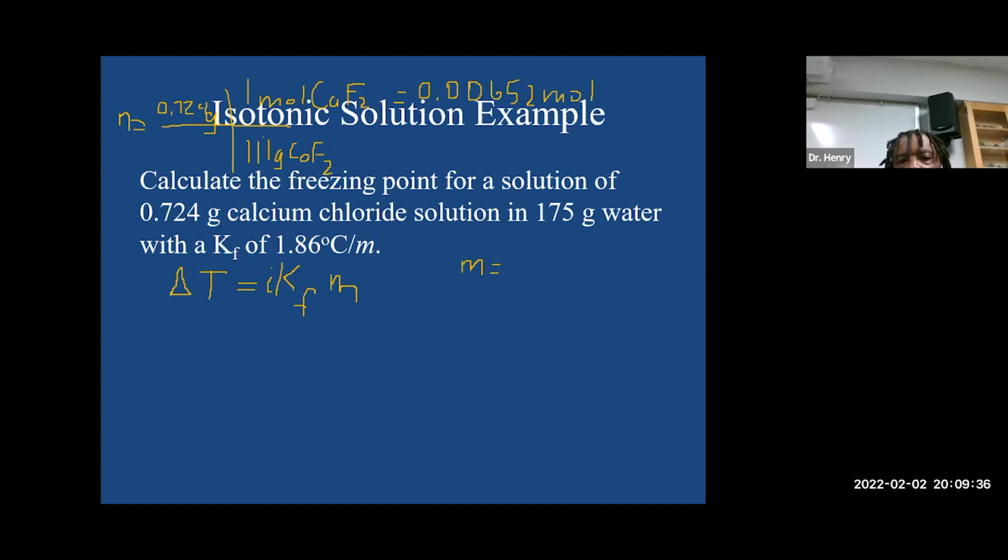And then we have to change water into kilograms. So we divide this by 1,000. Grams equals 1 kilogram. So that's going to equal 0.175 kg. And I'm running out of room again.